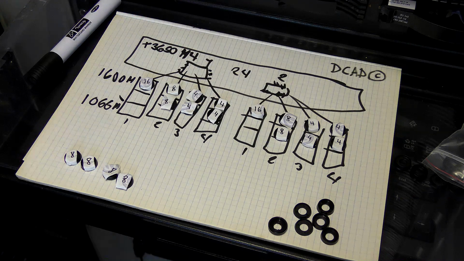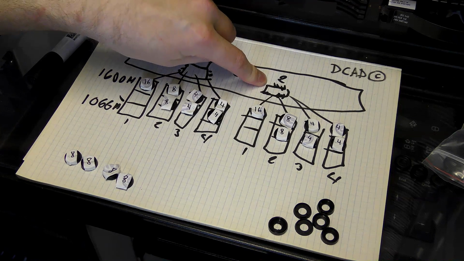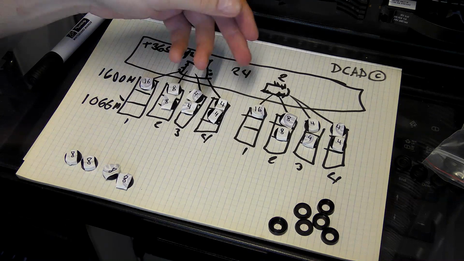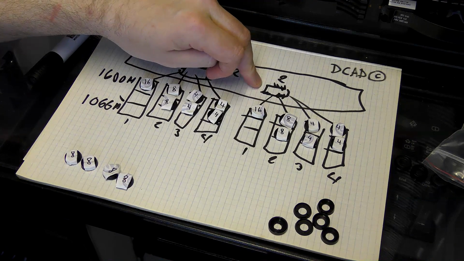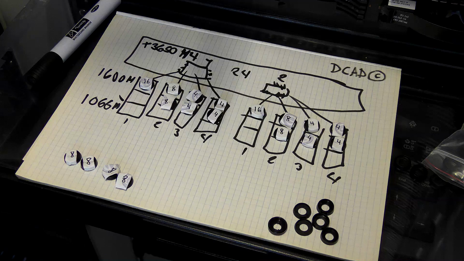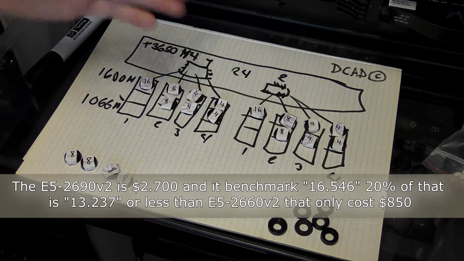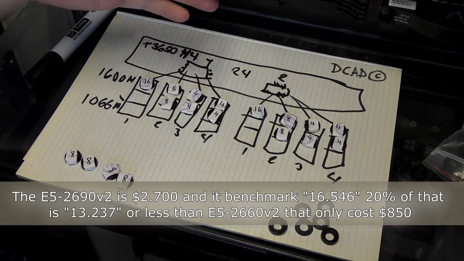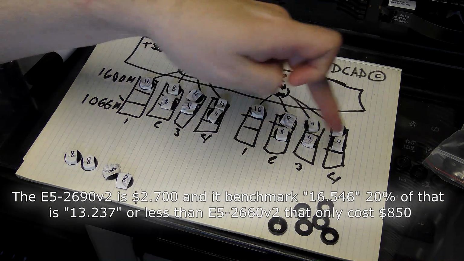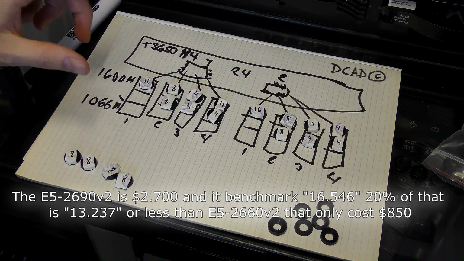Well, that's a lot. If you look at a high-end processor, like a processor of about $4,000, well, if you subtract 20% of that, you could get a lot cheaper processor and get the same performance as if you're running with an unbalanced system.